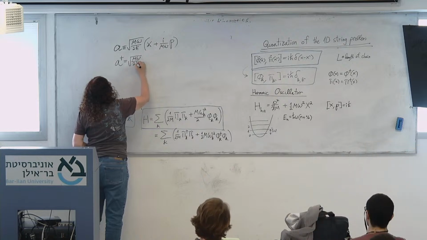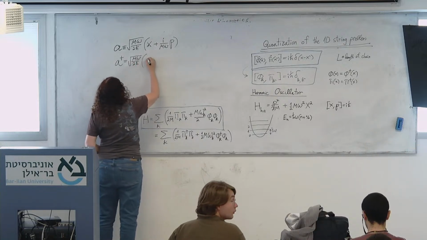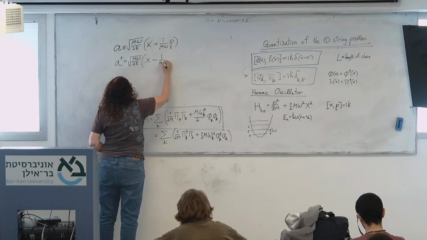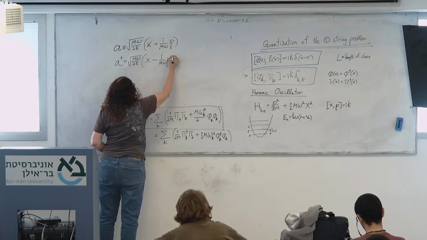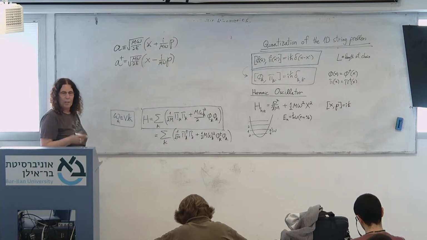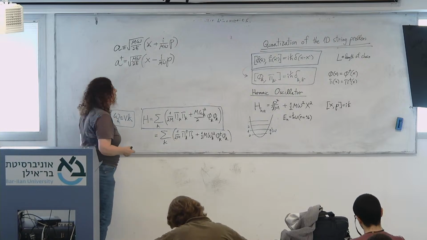Exactly. So this is x minus i omega. And now it is easy to check. I'm not going to do it. You studied it, but I'm just reminding.